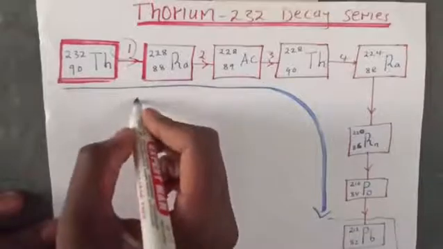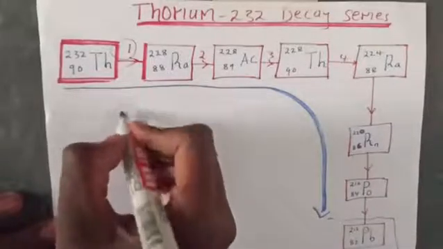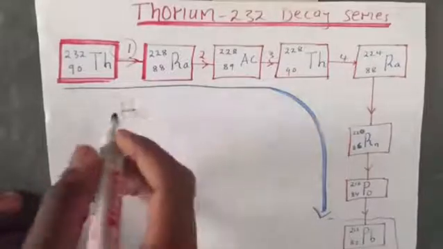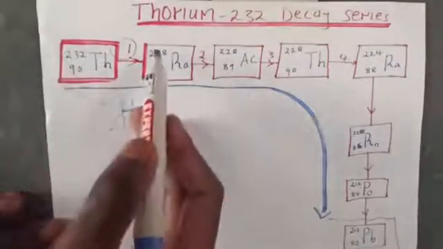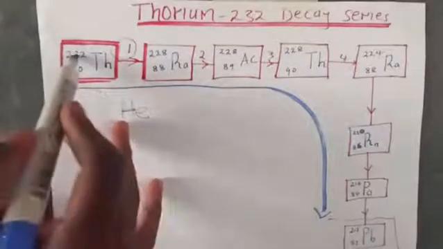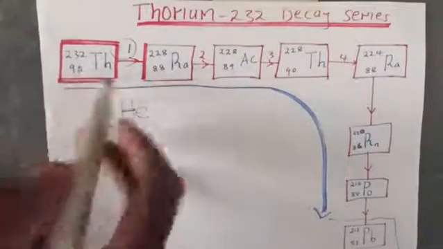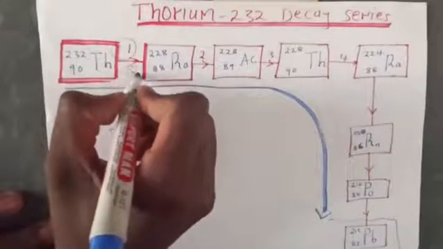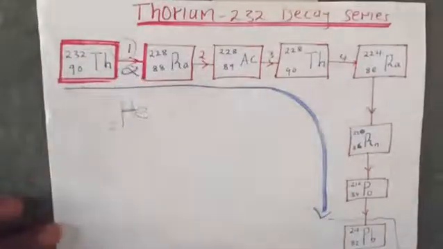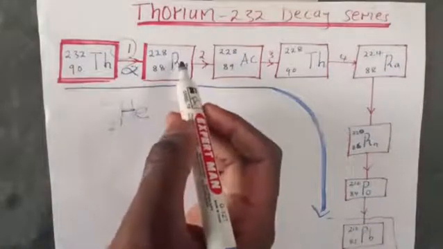What you note in this case is that a helium particle has been released with the mass number of 4 and 2, because if you say 228 plus 4, you get 232. If you add 2 to 88, you get 90, meaning that this is just an alpha decay.